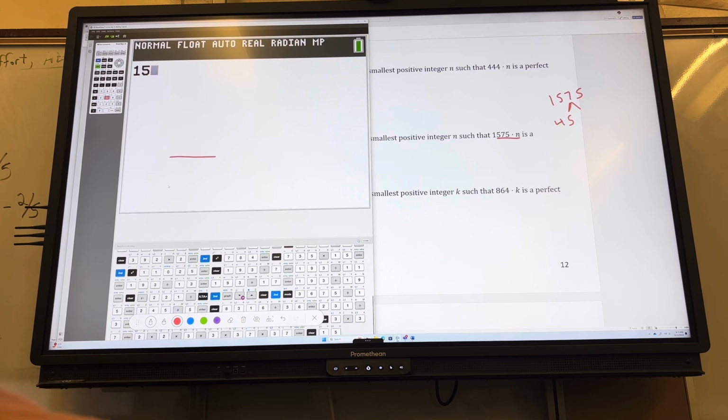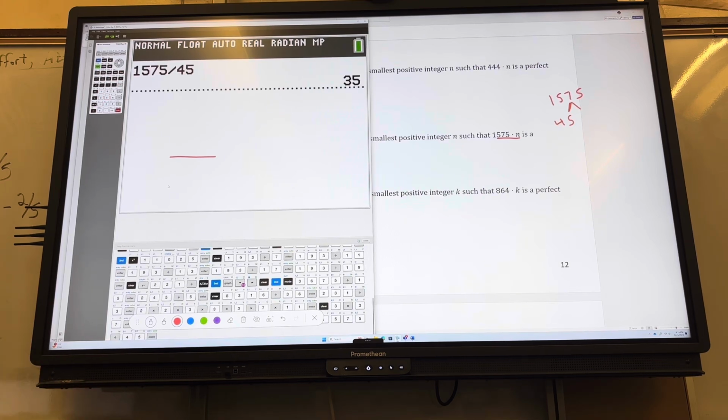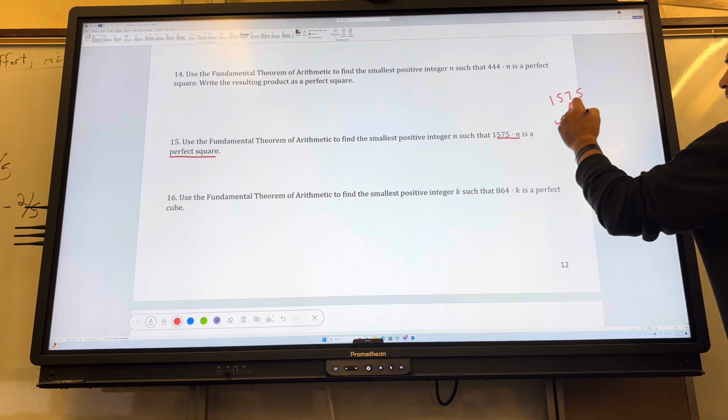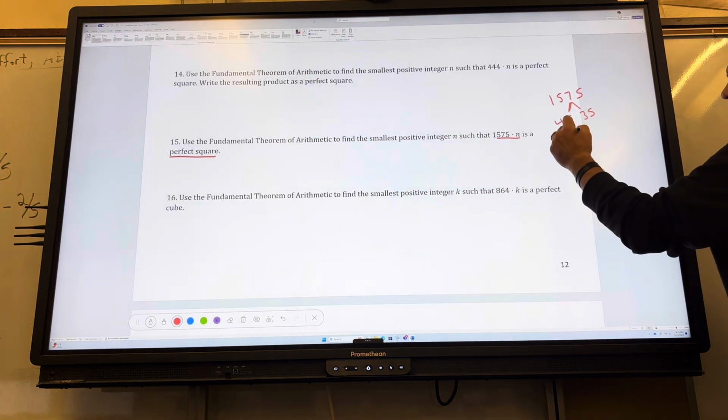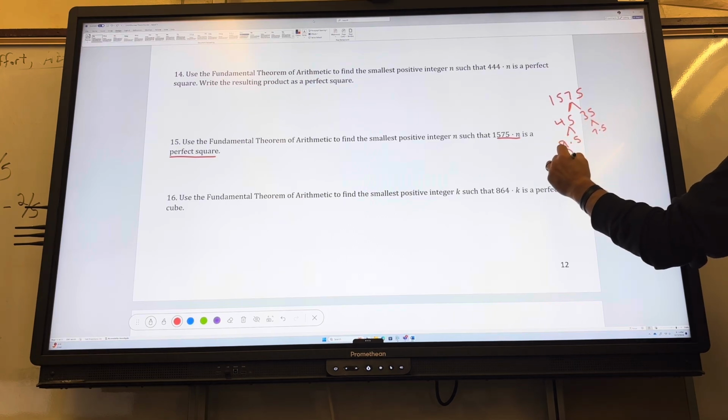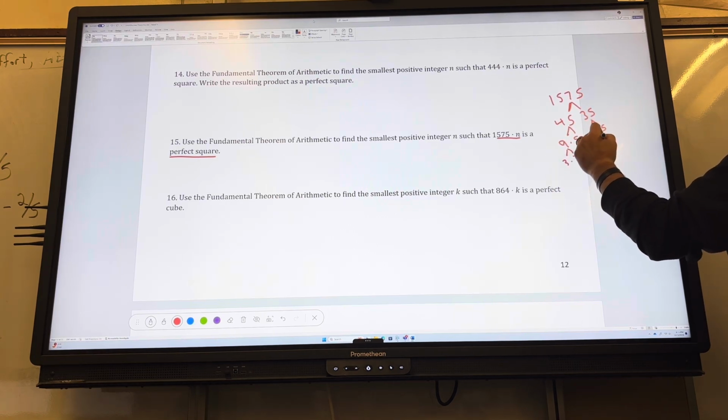So 1575 divided by 45 is 35. And this breaks down a lot easier. 45 is 9 times 5. 35 is 7 times 5. The 9 breaks down to 3 times 3. The 5 comes down. The 7 comes down.